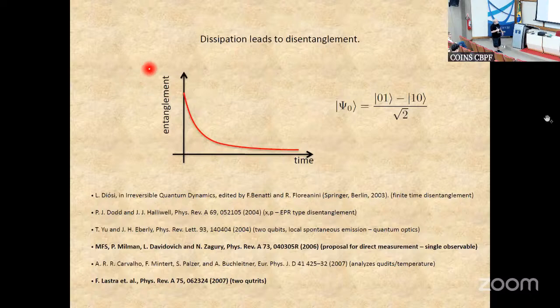For example, if you have an entangled system of 2 qubits, dephasing leads to disentanglement. Dissipation leads to disentanglement. If they are decaying, eventually the entanglement vanishes.